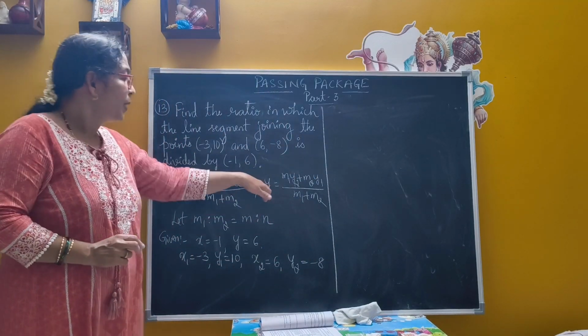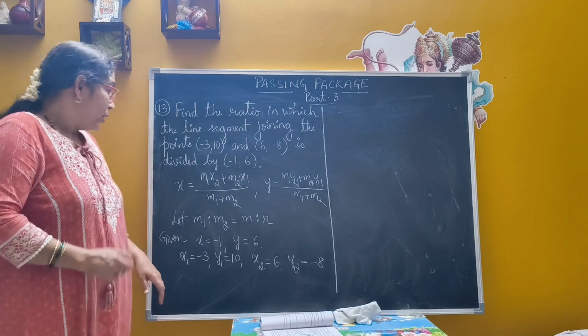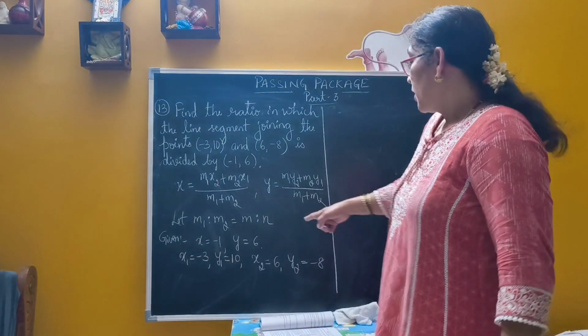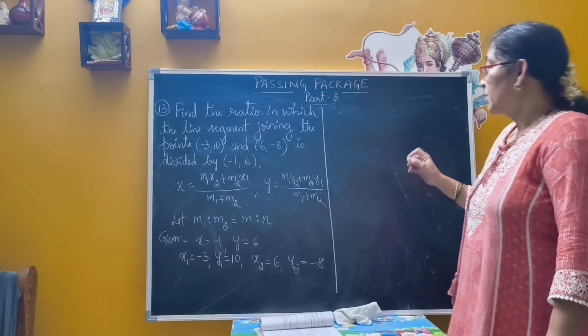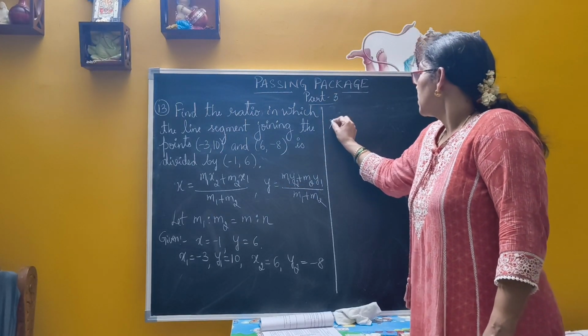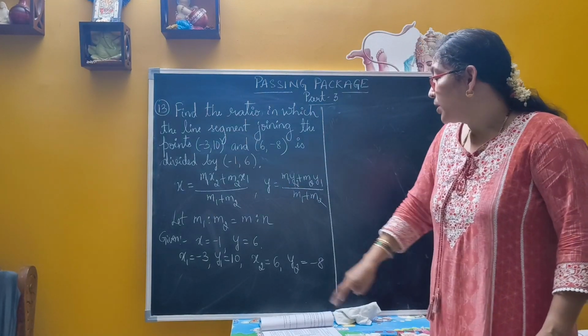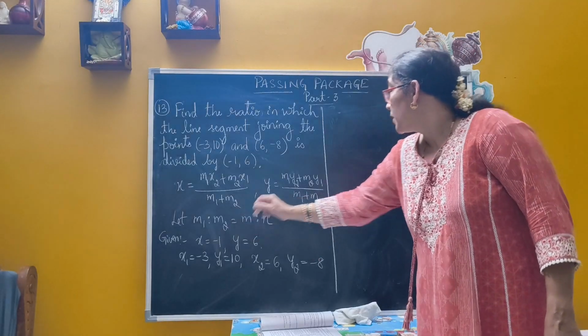Now let us substitute in this formula. x is equal to m1 x2 plus m2 x1 divided by m1 plus m2. In place of x, I should write minus 1.